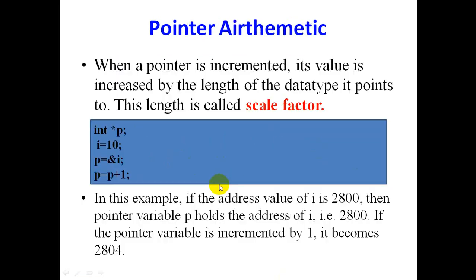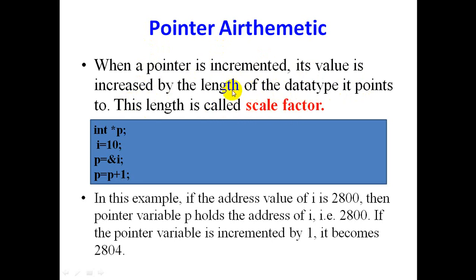Next, this is very important: pointer arithmetic. When a pointer is incremented, its value is increased by the length of the data type it points to. This is called the scale factor.